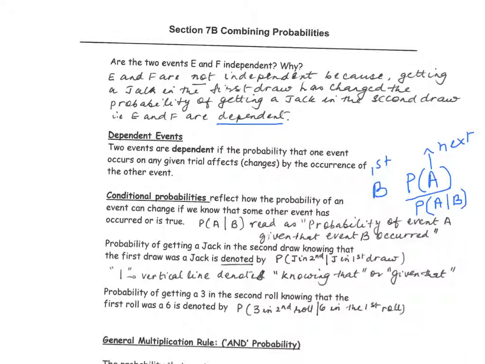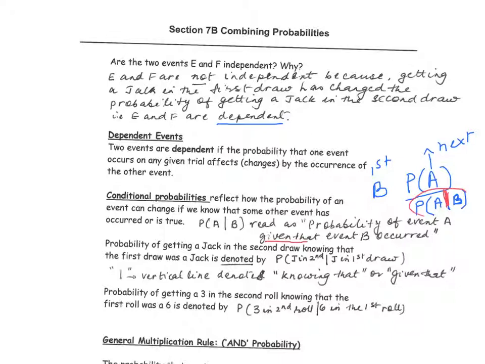So for dependent events, to figure out the probability of A, we would need to know what happened before A happened. So this is called conditional probability. So the vertical line between the events A and B, we read it as given that.